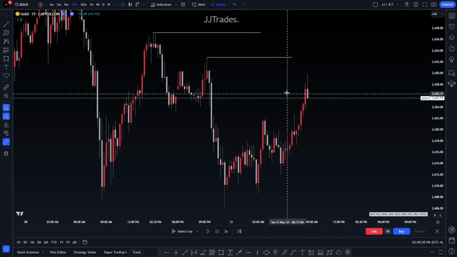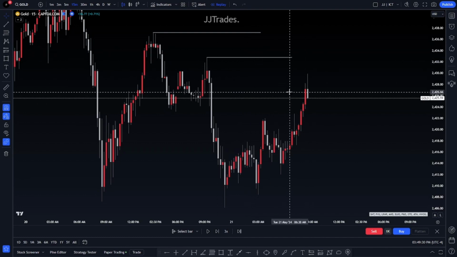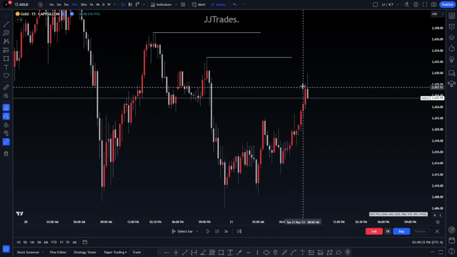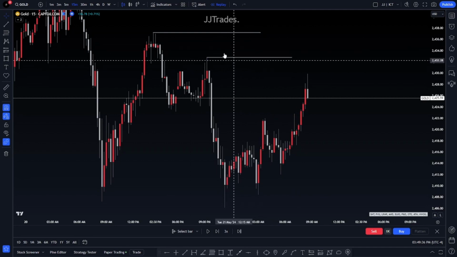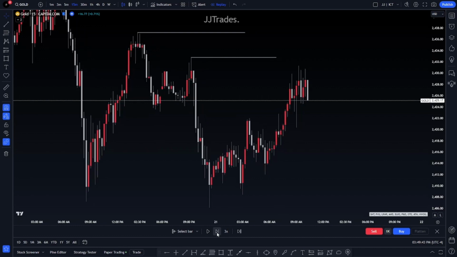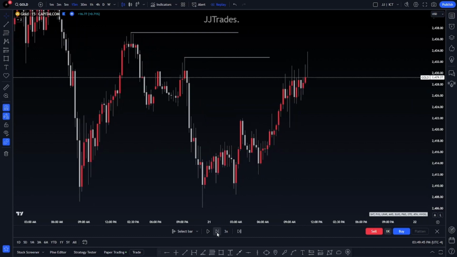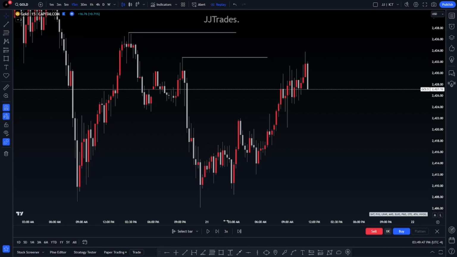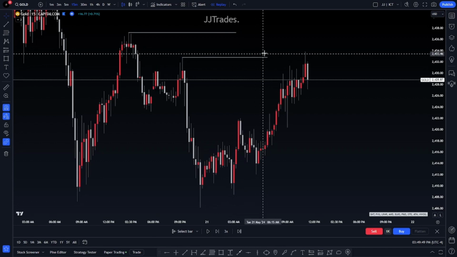And as we know, our bias is bearish for this day or for this setup, correct? So first we want to see one of these highs get swept. As you see here, price comes up and sweeps the high.